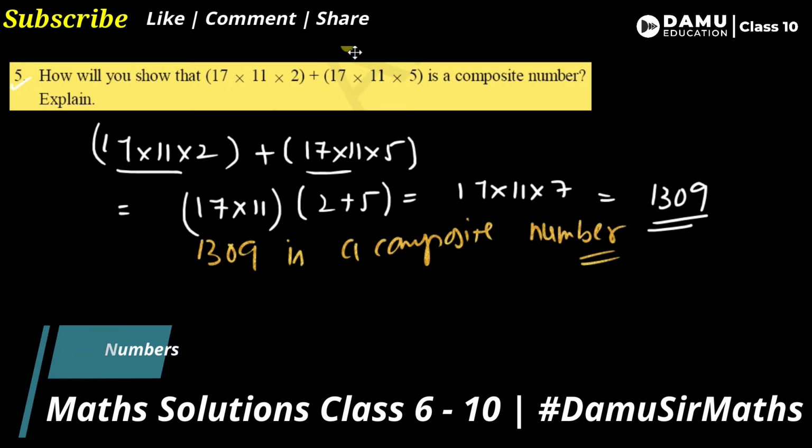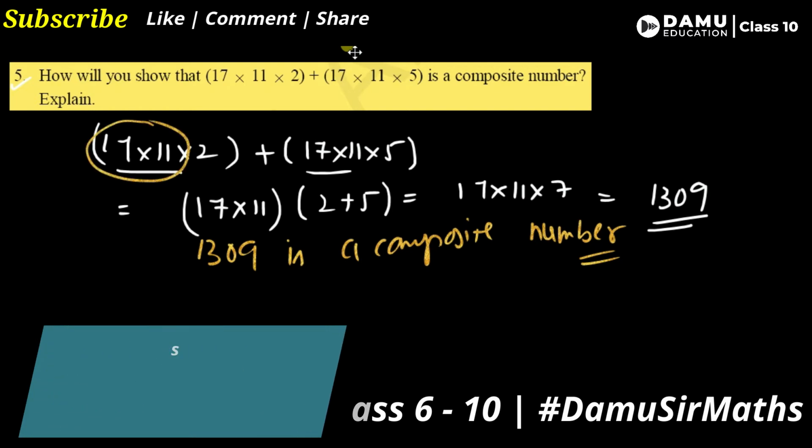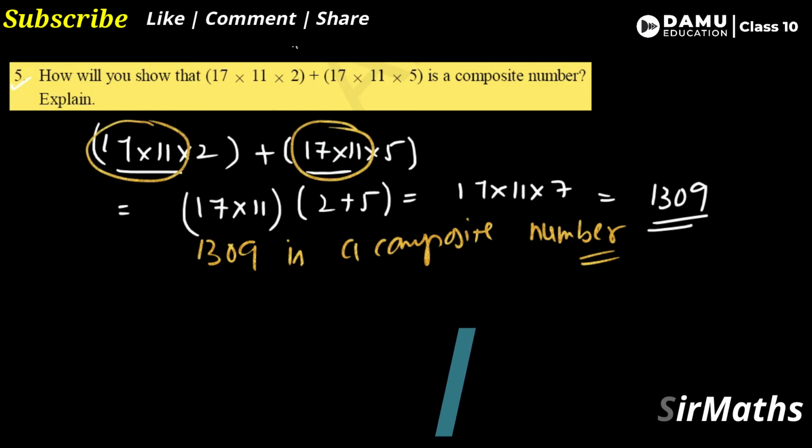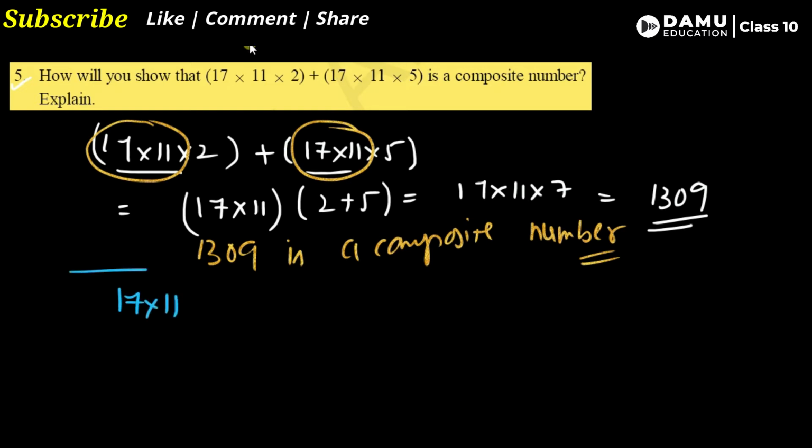And one more thing here: in both the terms, 17 into 11 is a common factor. So, the second method: 17 into 11 are common factors in both the terms.